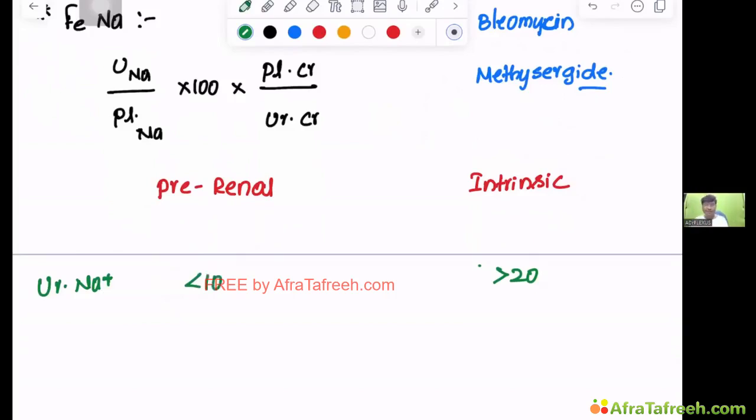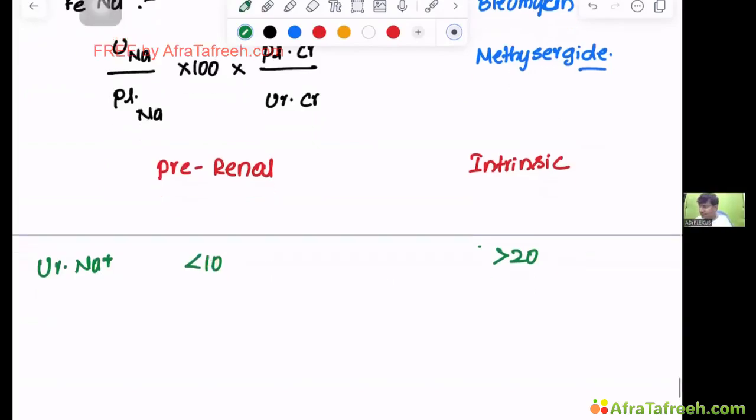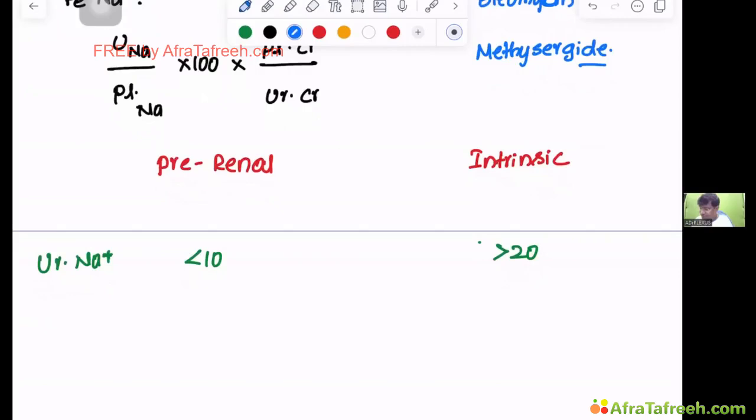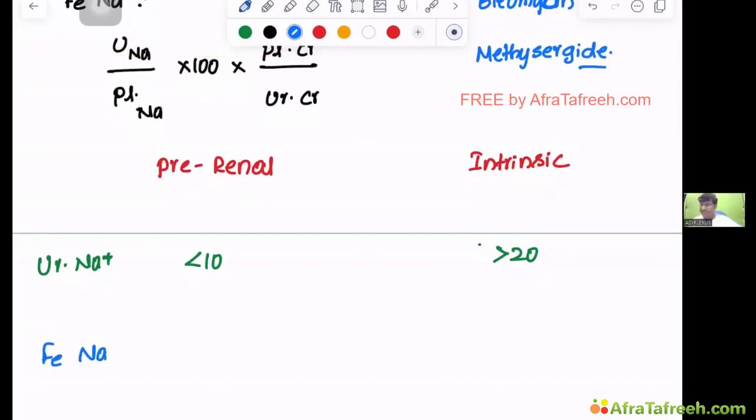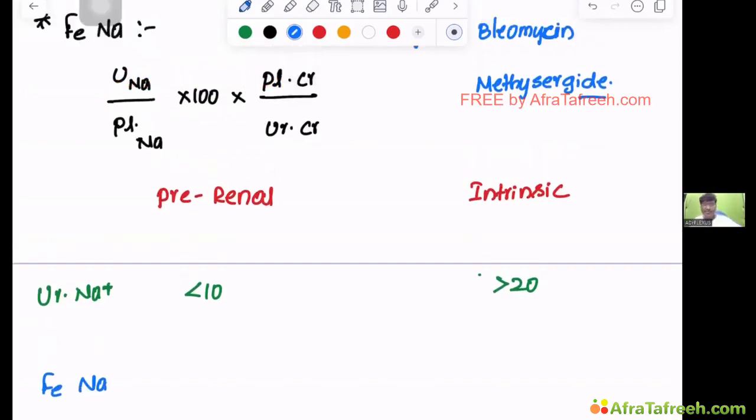Now, we will try to apply the concept of this urinary sodium to the FeNA as well, that is, fraction excretion of sodium. So in prerenal, we have discussed that the urinary sodium is less. Why? Because the renal perfusion is decreased.